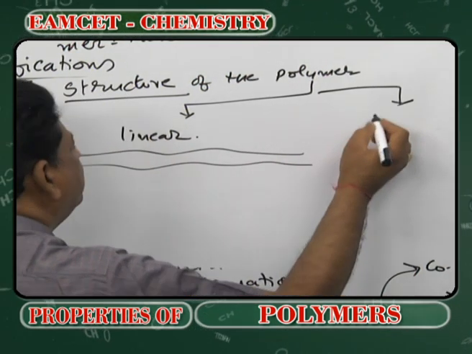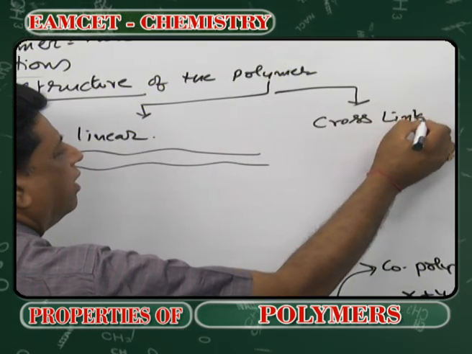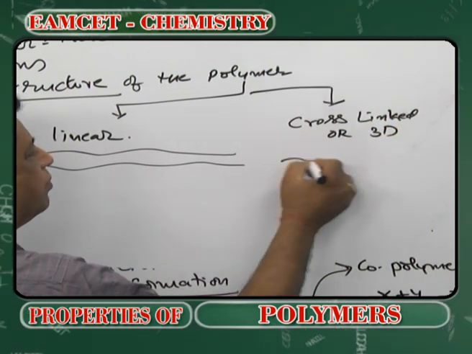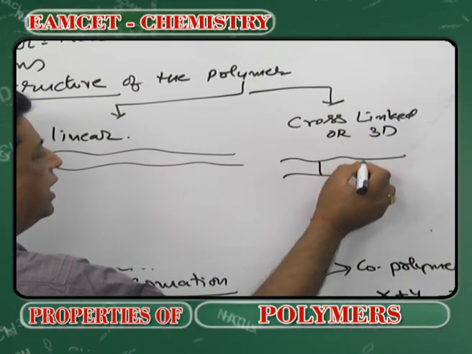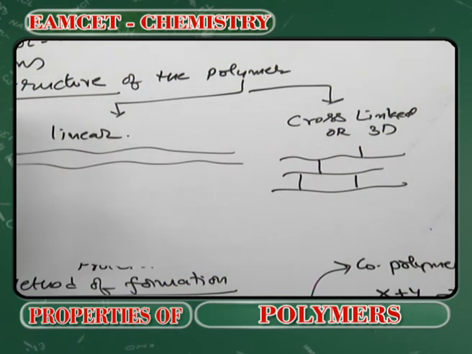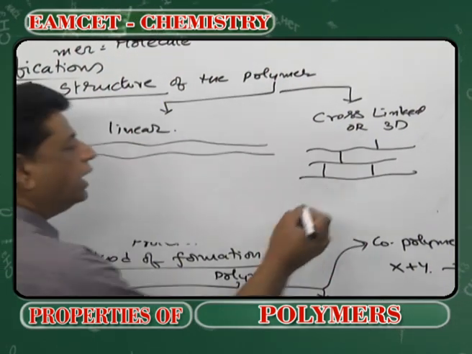The other type is cross-linked or 3D type polymers. That means a polymer is linked to another polymer and makes a net type of formation, which is called cross-linked. It is in fact vulcanized rubber.